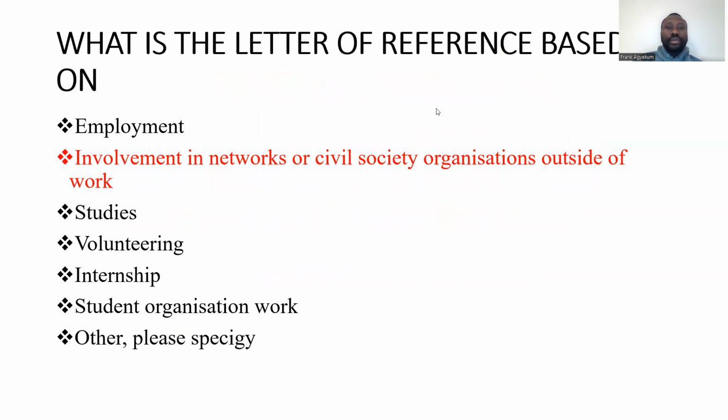Now, the question is, what is the letter of reference based on? According to SI, you are supposed to provide 2 reference letters, of which at least one could be from your employment.